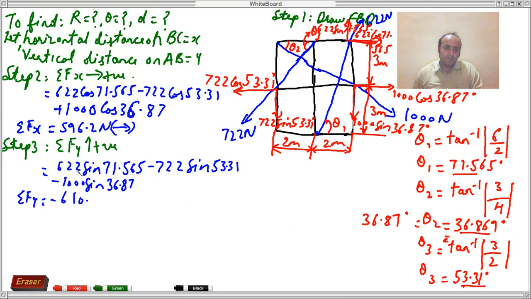That is nothing but summation Fy is equal to 610.66 Newton in downward sense.